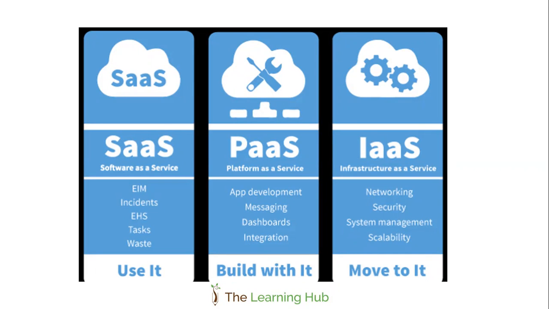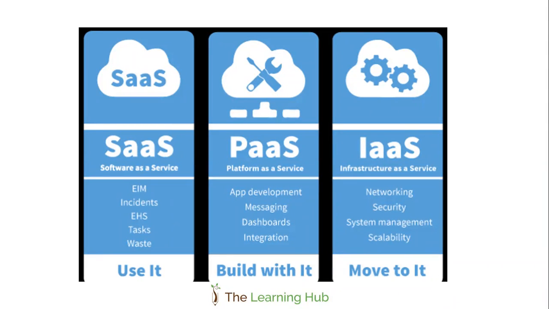For example, you're renting a server, you're renting a network. So this basic level of a computer system is provided through infrastructure as a service from cloud computing.